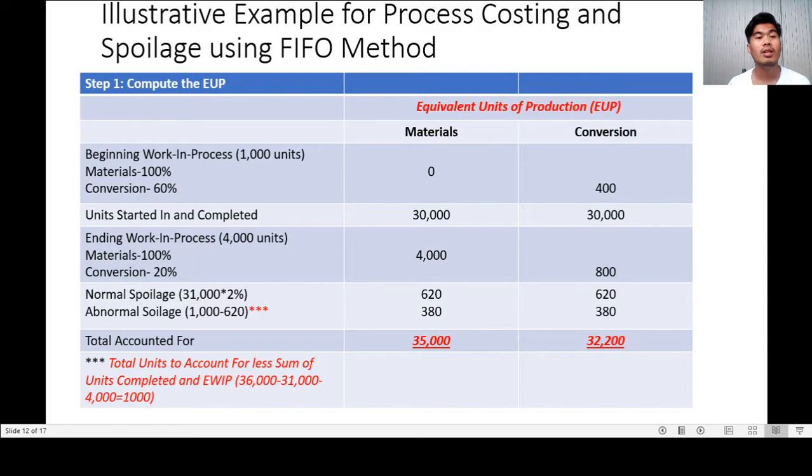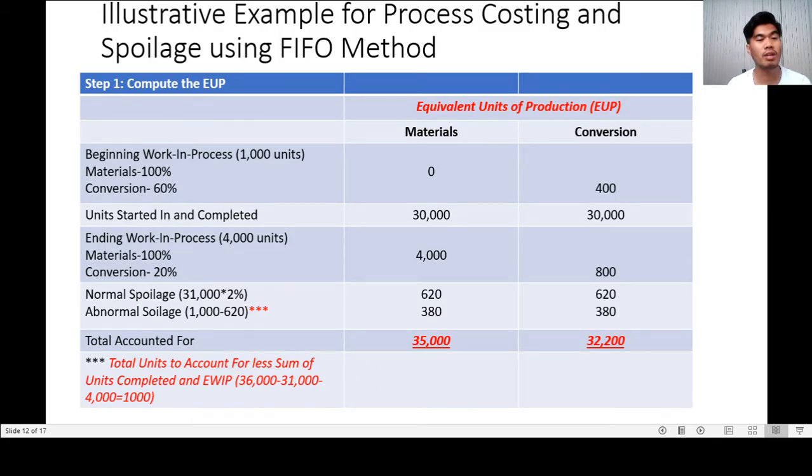So you need 40% conversion. To finish the product, you still need 40% conversion cost. So the 40% times the 1,000, that is 400 units under conversion. So the units started in and completed is 30,000.